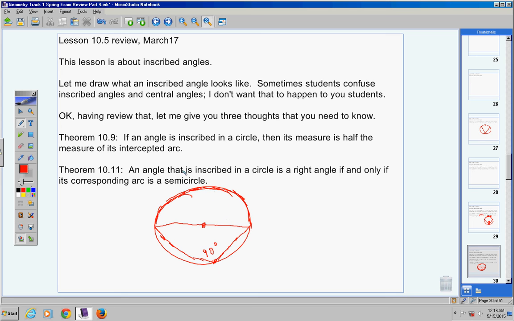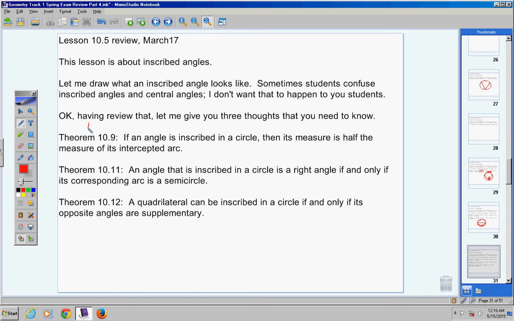An angle that's inscribed in a circle is a right angle if and only if its corresponding arc is a semicircle. So we could look at it both ways. If we have a semicircle, this is 90. If this is 90, we have a semicircle.